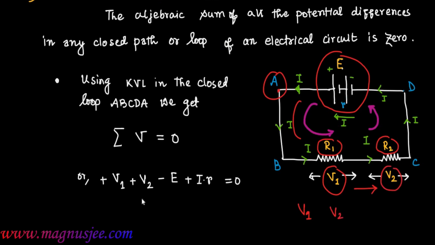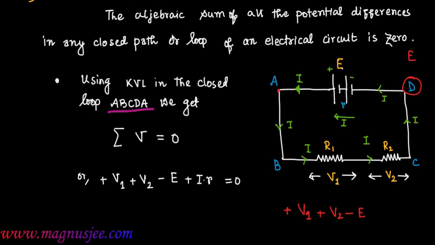That's why the potential differences across R1 and R2 will be positive, that means plus V1 plus V2, because we are crossing the resistances R1 and R2 in the direction of the current.